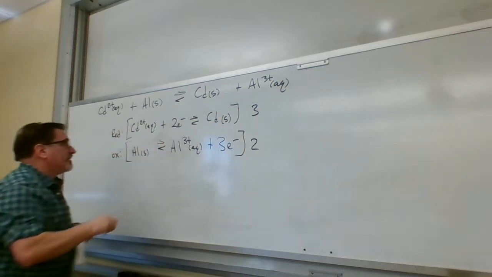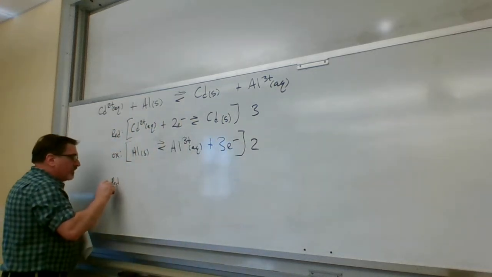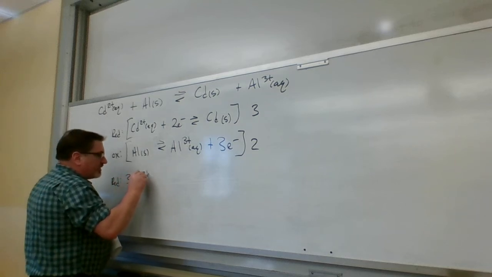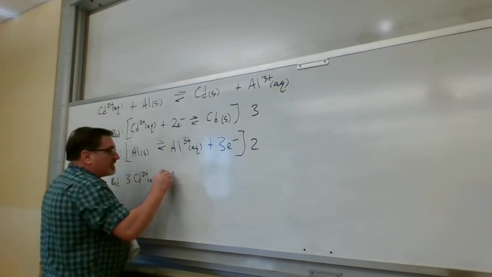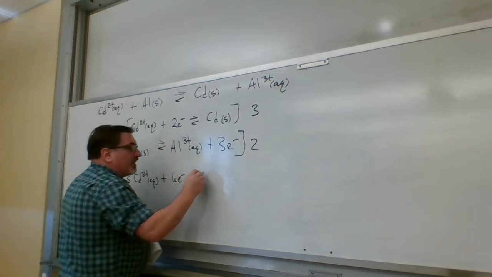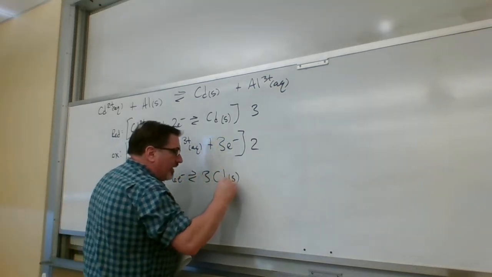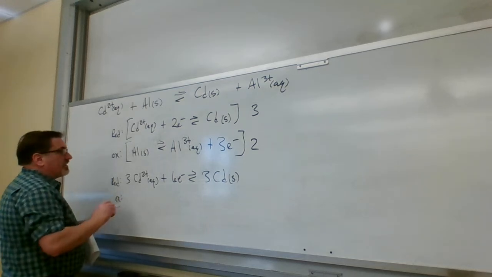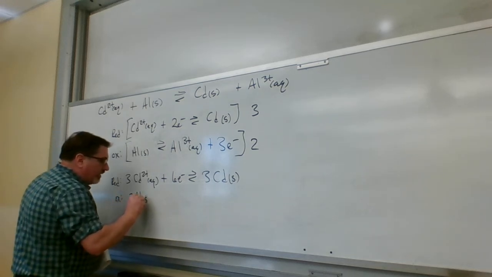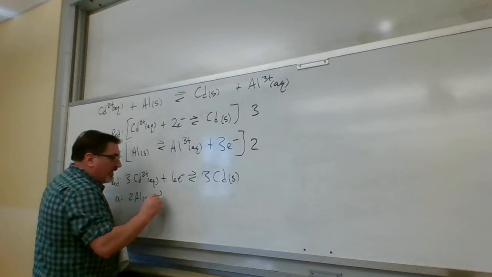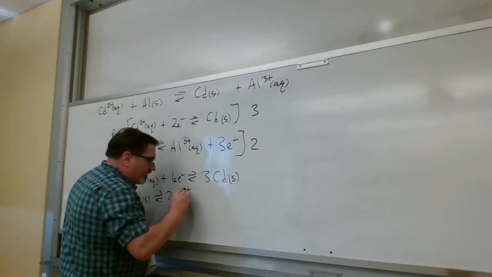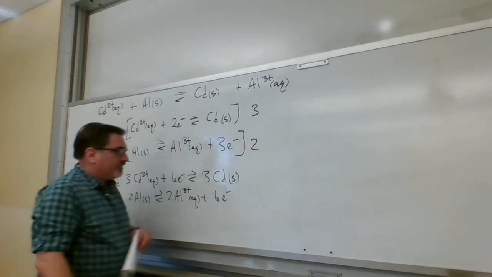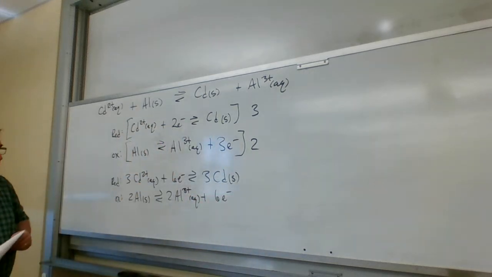So when we rewrite this, reduction is now 3 Cd2+ plus 6 electrons, making 3 Cd as a solid, and our oxidation is now 2 Al as a solid, making 2 Al3+ plus 6 electrons. Now it's charge balanced, got the right number of electrons.